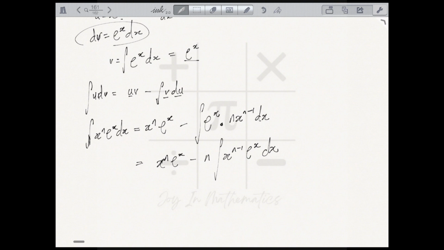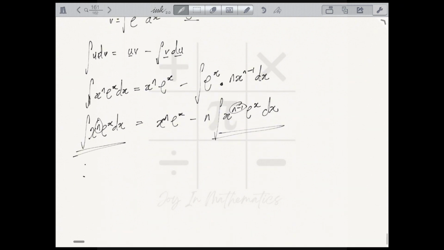Now the integral on the far right is seen to be of the same form as the integral on the left hand side, comparing x raised to the power n exponential x dx. So this is similar to this, except that n has been replaced with n minus 1. So therefore, let's represent In to be equal to the integral of x raised to the power n exponential x dx.